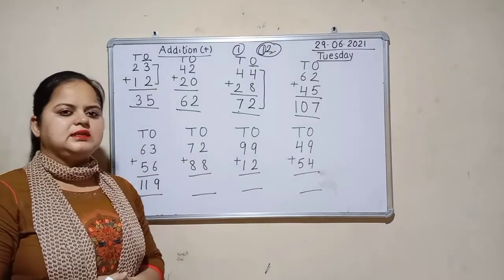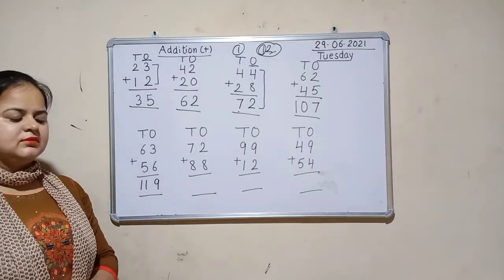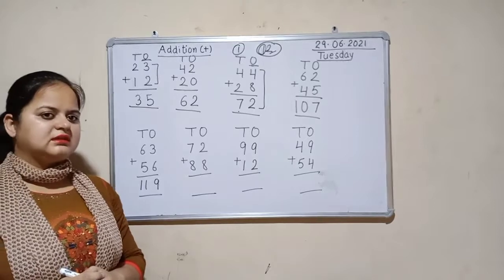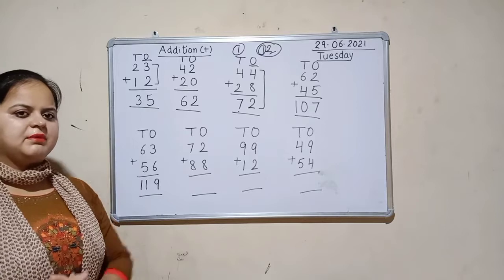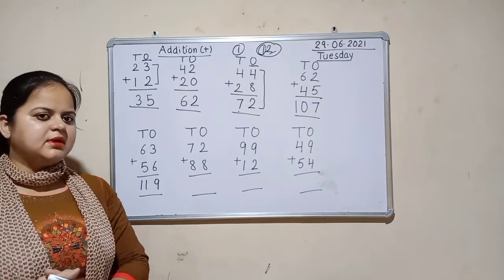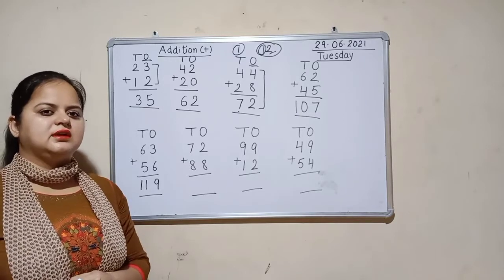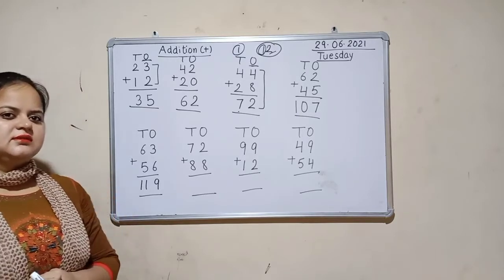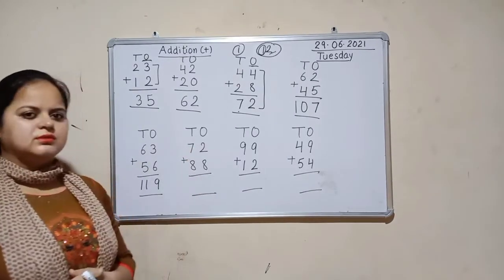72 plus 88. 2 and 8. We have one more method to do addition. Ma'am have already told you in our previous classes. Remember? By forward counting. 8 and 2.